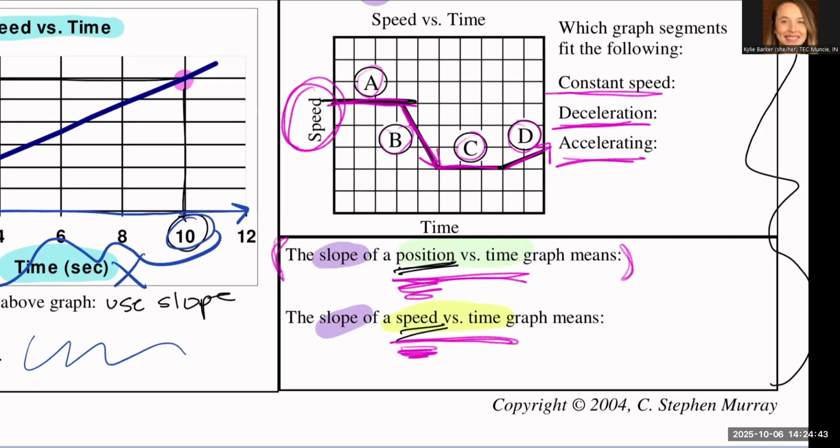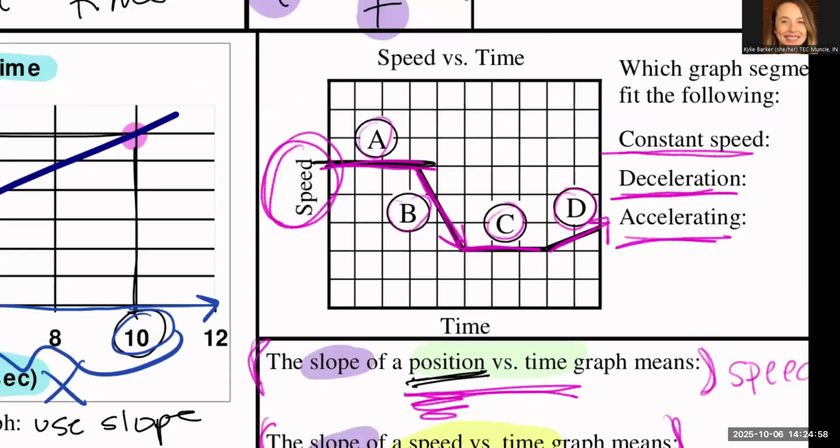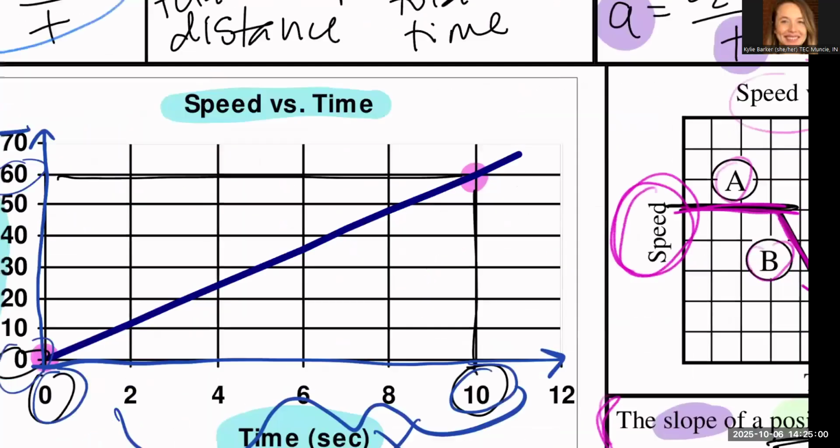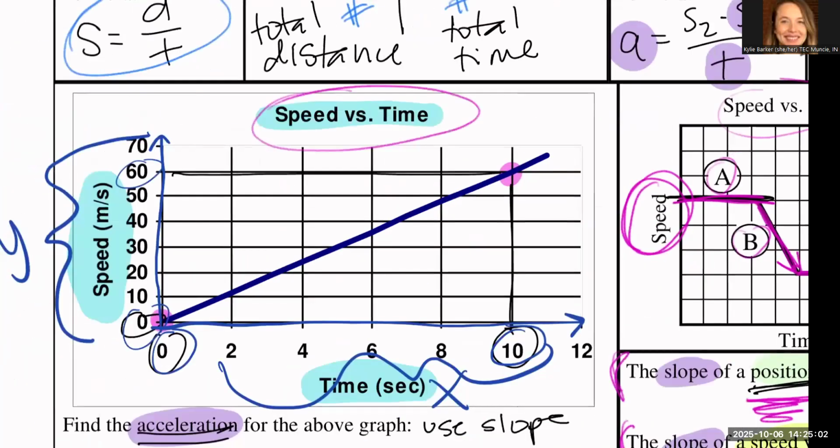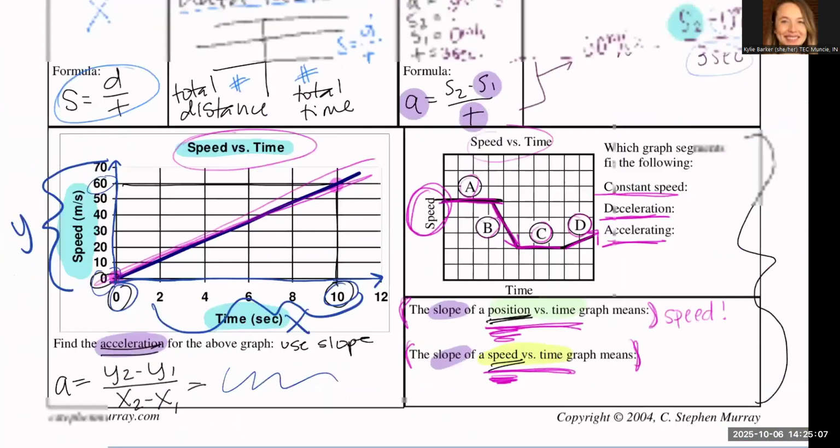The slope of a position versus time graph means speed, or tells you speed, is maybe a more useful way to think about that sentence. And then the slope of a speed versus time graph is this, speed versus time. When I solve for the slope of this line, I didn't find speed, I found acceleration.